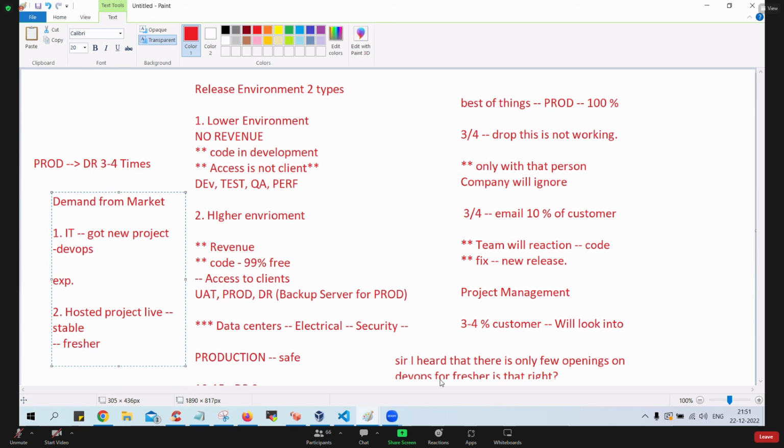This is the science behind the hirings. You got it now? Did you get your answer, Shriya? So it's all coming from demand from the market only. When the market is so good, we're getting so many projects. Normally in the initial phases, they'll hire experienced people only. But when the project becomes live and somewhat stable, we'll have a lot of openings for freshers. So the opportunity is there for both freshers and experienced people.